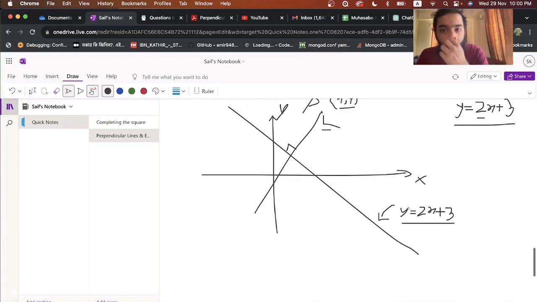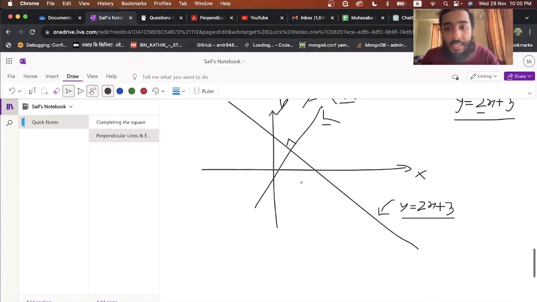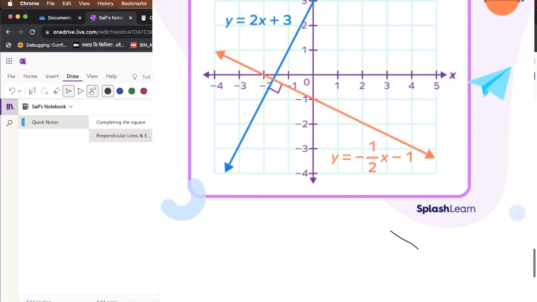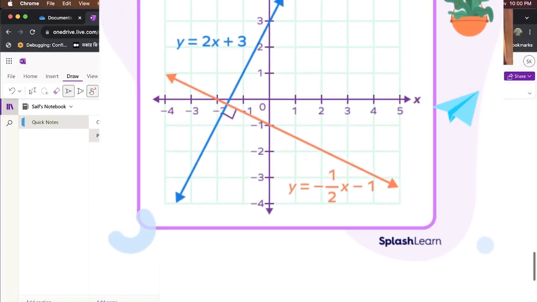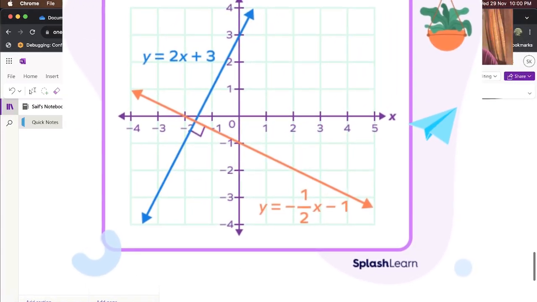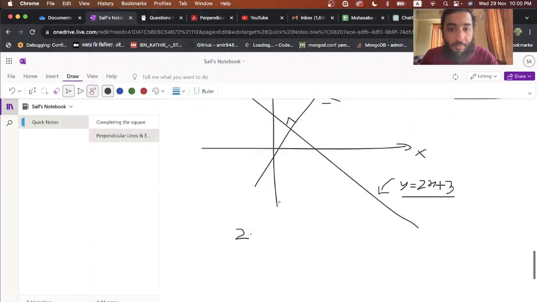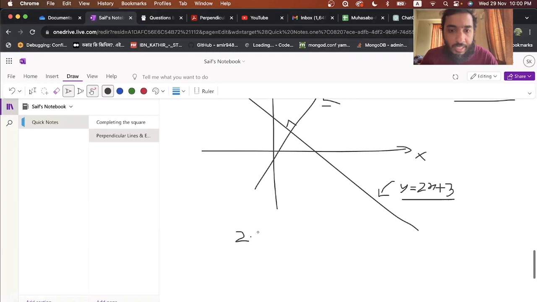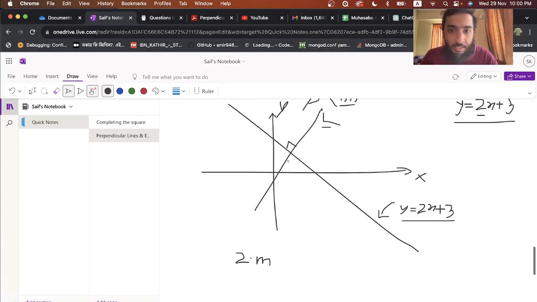We know that if a line is perpendicular to another line, then the multiplication of the slopes of these two lines would be -1. This line has a slope of 2, multiplied by this line's slope. Let's say this line's slope is m, and the two lines are perpendicular to each other.